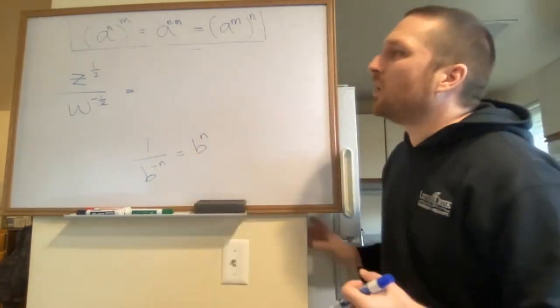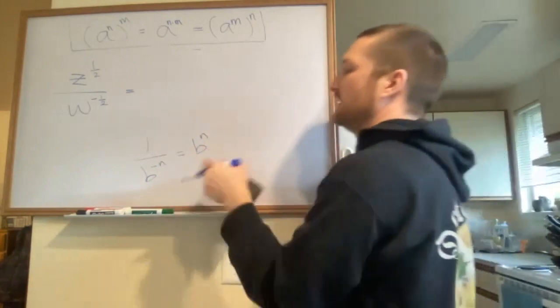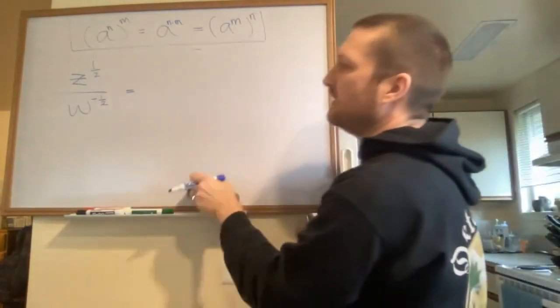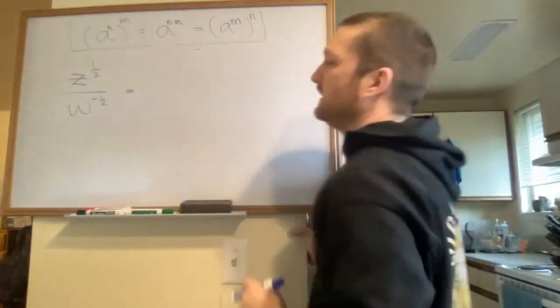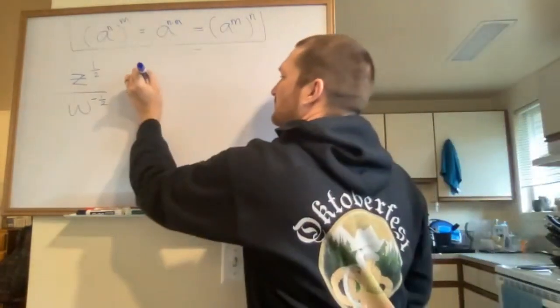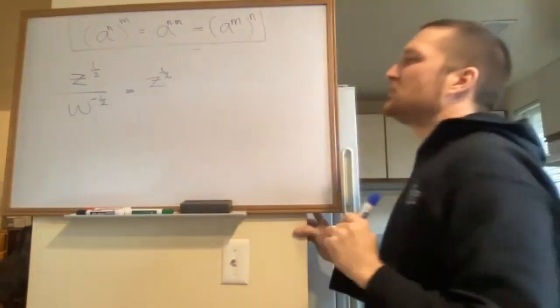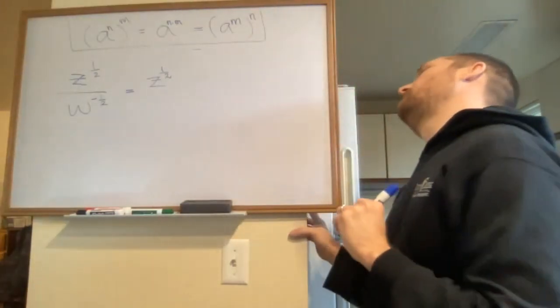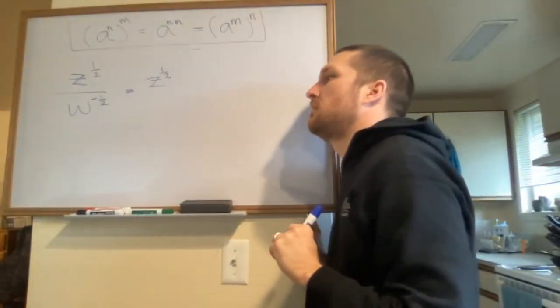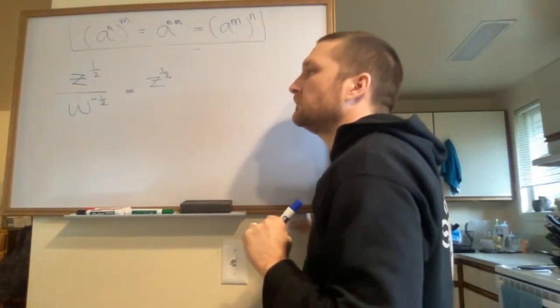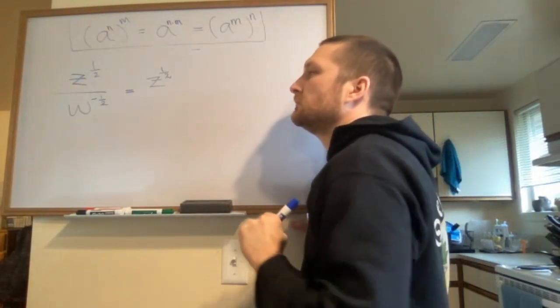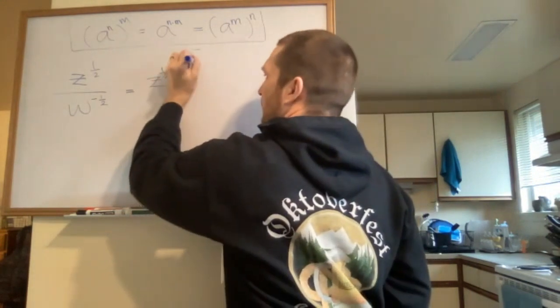Okay, so let's look at this. How then do we rewrite this guy right here? This guy's staying in the numerator, and so what do we do? Multiply it by W to the positive 1/2. There you go.